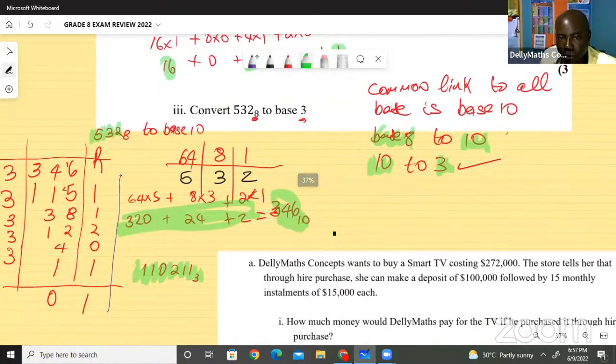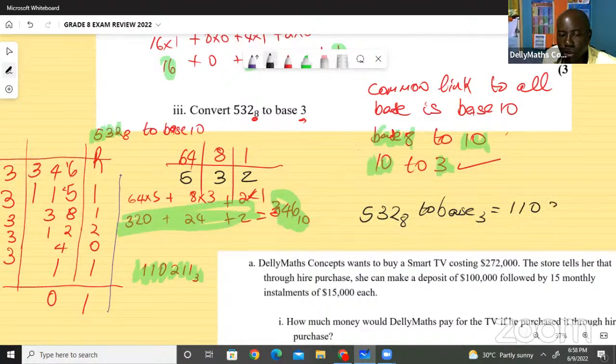Watch, I'm going to write back my statement: 532 from base 8 to base 3 equals 1, 1, 0, 2, 1, 1 base 3. So I'm concluding, based on what I set out to do, that this is my response.